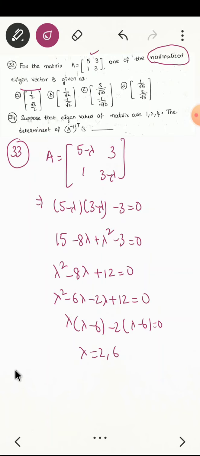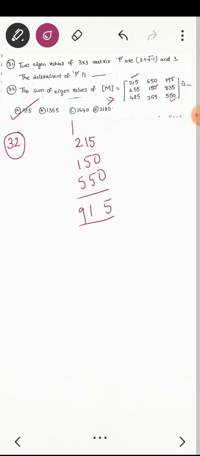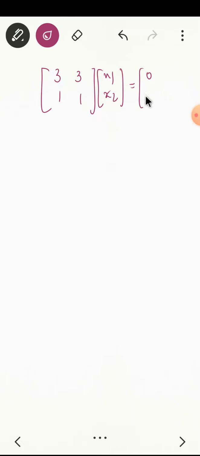So first find the eigenvector at lambda equal to 2. What will we get after substituting lambda equal to 2? The matrix (3, 3; 1, 1) times (x1, x2) equals (0, 0). So 3x1 plus 3x2 equal to 0. If I take 3 outside, I get x1 plus x2 equal to 0.